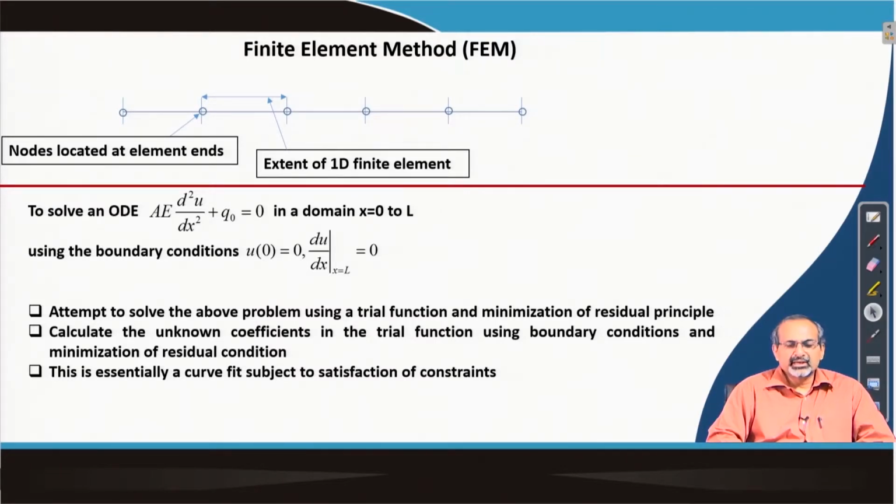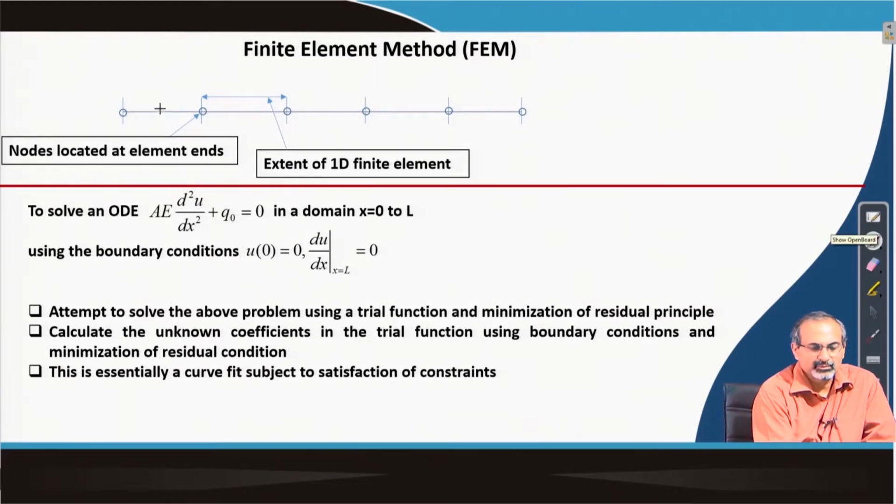In the finite element method, the way we discretize the domain has a similar appearance, but you may be looking at this diagram, which shows that the end points of these segments are marked as nodes, and in the finite volume method it was the central point which we talked about as nodes.